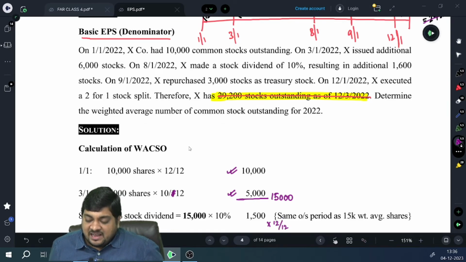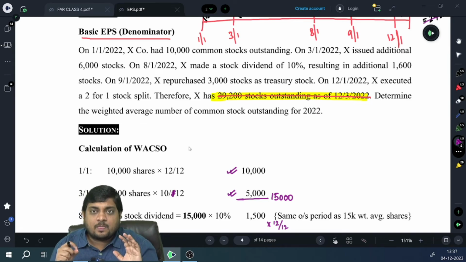Till now, what is the weighted average number? 15,000. For EPS calculation, we don't need to consider the number of shares outstanding. We need to consider the weighted average. So as of now, forget about everything. Forget about repurchase, forget about stock split, forget about bonus.